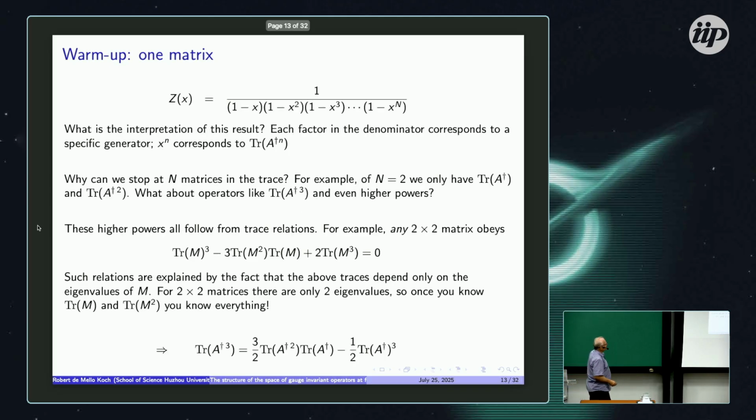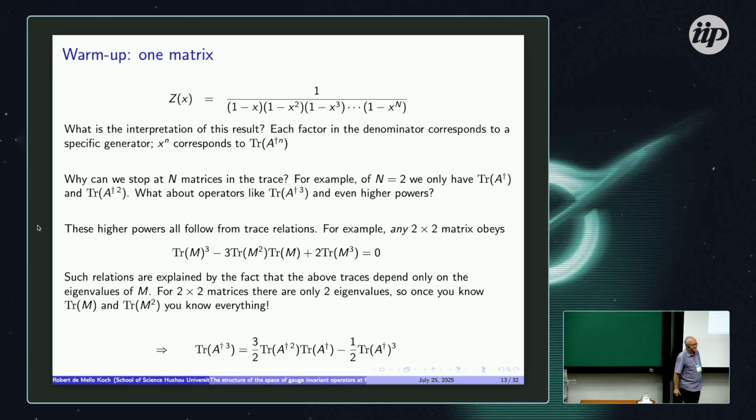Well, I know that each factor in the denominator should be some sort of a generator, and I'm telling you that the term with x to the n corresponds to just trace a dagger to the n. So that, for example, if we were studying n is equal to 2 matrices, we would have trace a dagger and trace a dagger squared. And that, according to this Hilbert series, generates all of the gauge invariant operators in this theory.